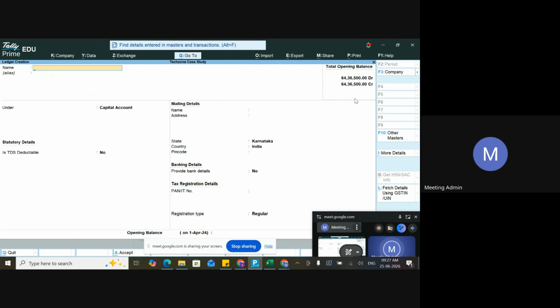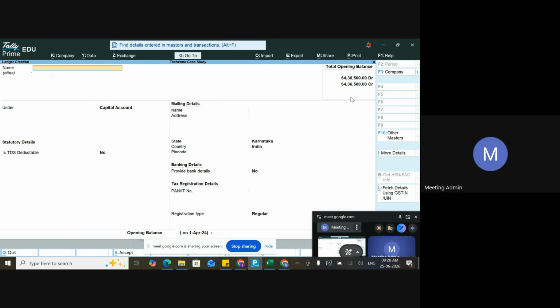Guys, please answer me whether in English or Kannada. TDS done. So in opening balances, if it is clear, if you are getting the balance, how much balance are you getting here? Yesterday I showed you the same thing, right? To do this.